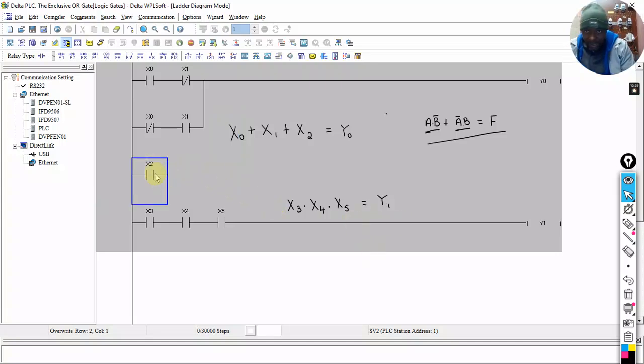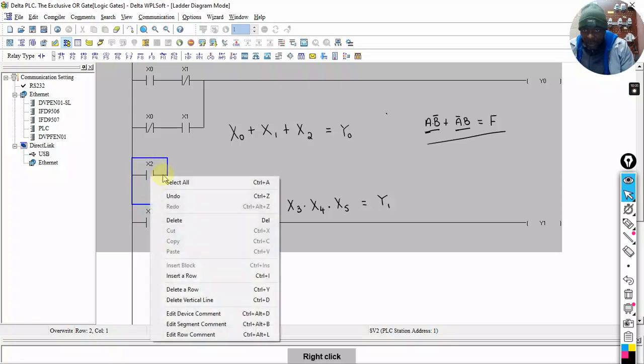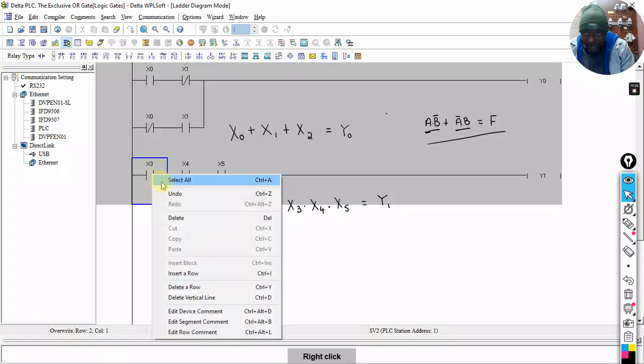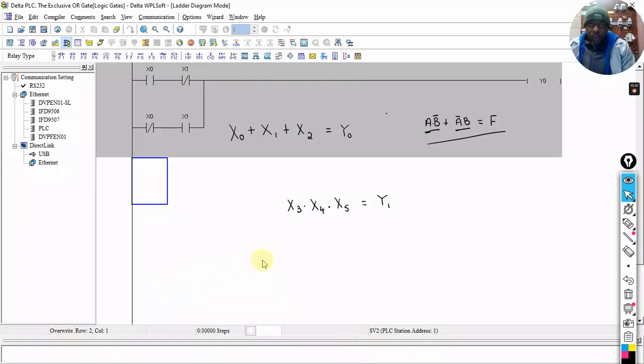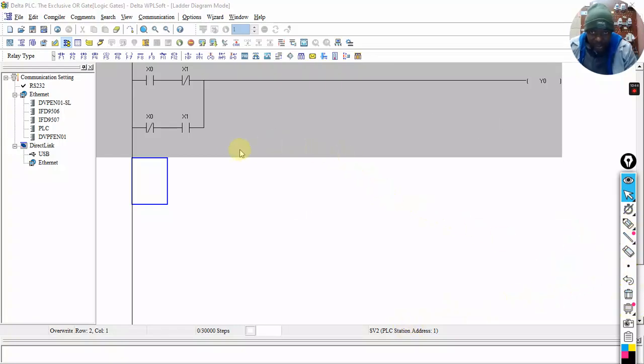Let's go and delete. We don't need this. Delete the row and delete that row as well. What we now have is combined. Here what I did was I used our understanding that a not is a normally closed. We've used our understanding that a series means AND.